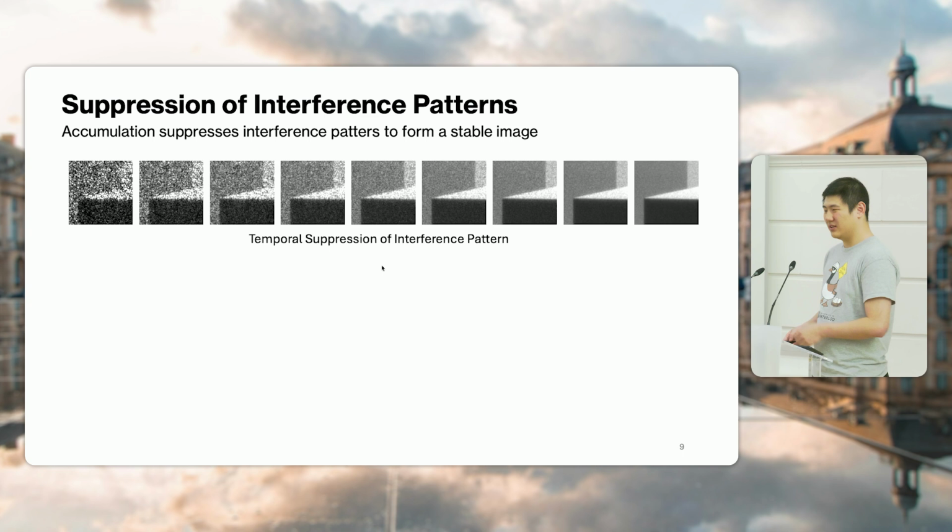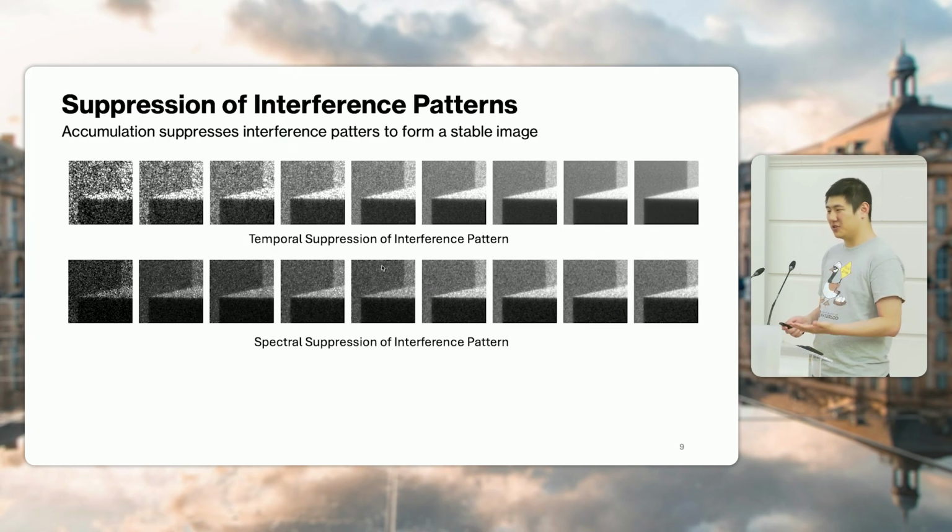these patterns. So on the top row, we average the realizations at the same wavelength with different realizations, with different initial light phase. And this is the temporal accumulation simulation in our setup. And we can see from left to right, the patterns are suppressed.